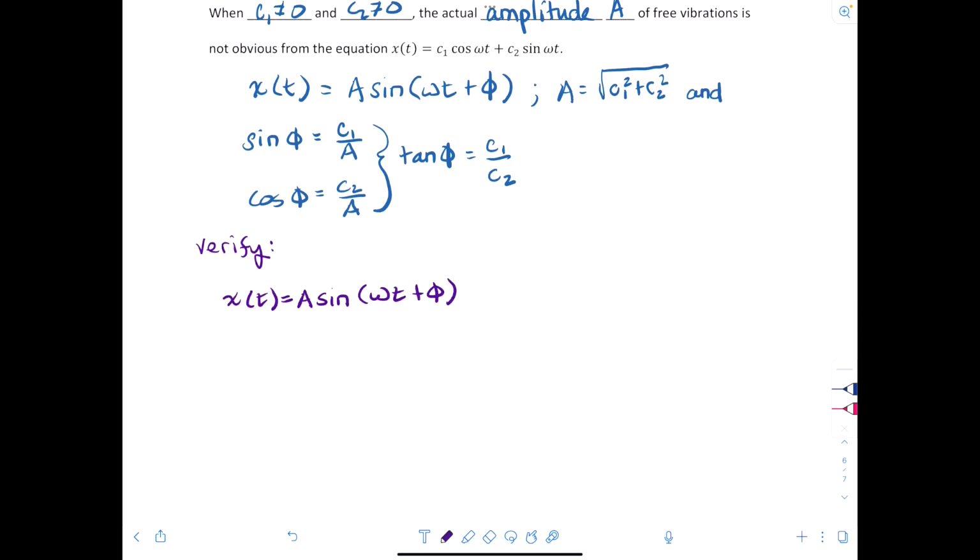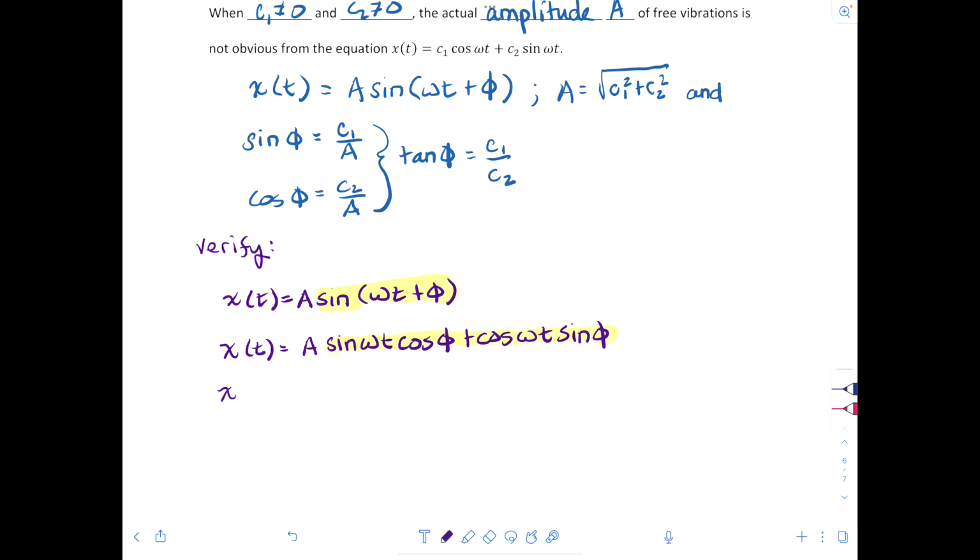Well, using the sum of angles formula for sine, we're going to get x at t equals A times sine of omega t times cosine of phi plus cosine of omega t times sine of phi. And so that right here is applying that sum of angles formula.